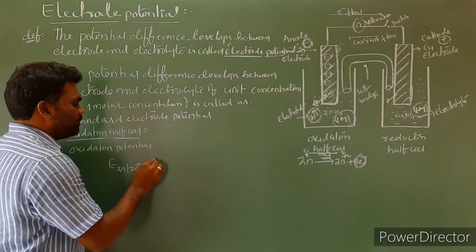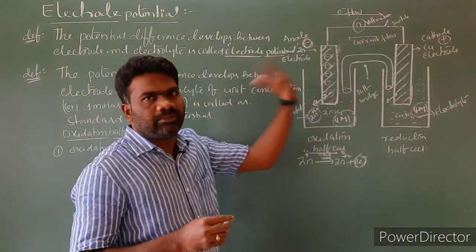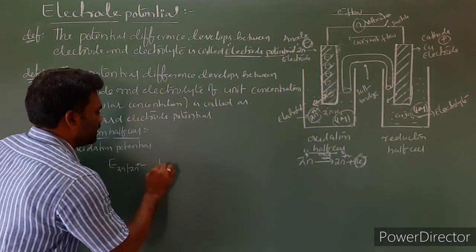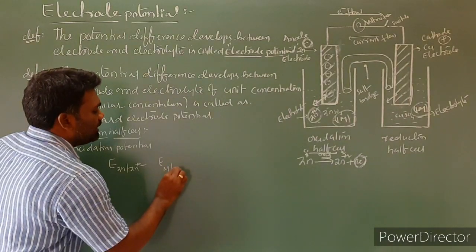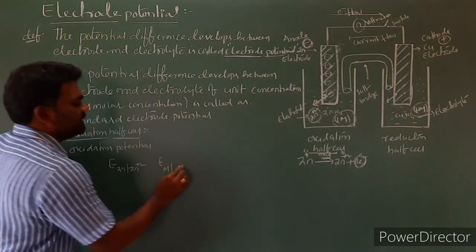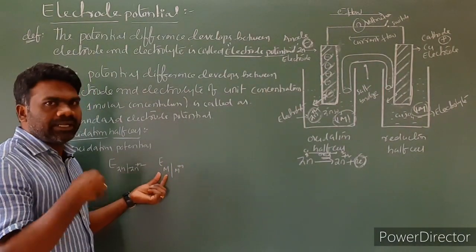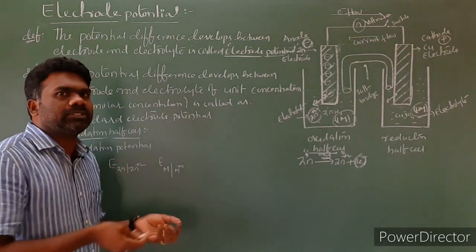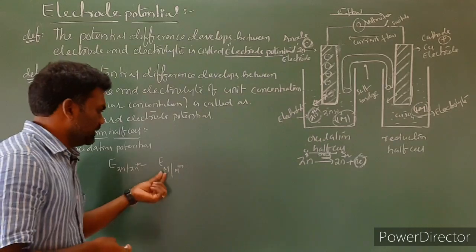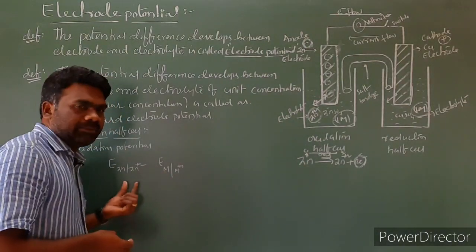If you take any other element, we can show the oxidation potential as E M by M plus n. Here M represents any metal, and n represents the number of electrons that may be lost: 1, 2 or 3 electrons.